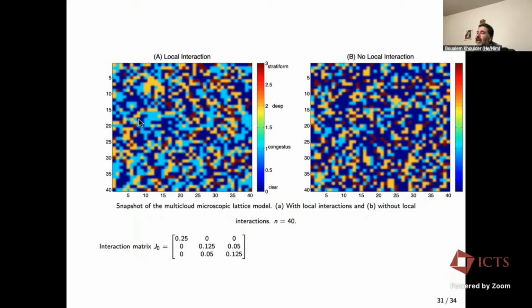You can see this clumpiness in the case with local interactions by just assuming an interaction matrix of this sort. So this means that the congestus clouds will be favored to clump with each other because this one is the largest of them all. So that's what you get, these blue patches here.